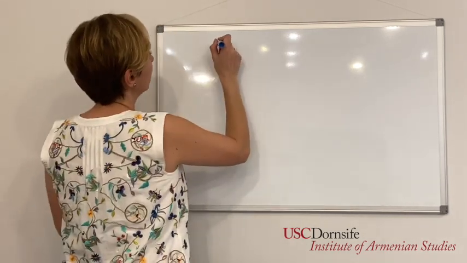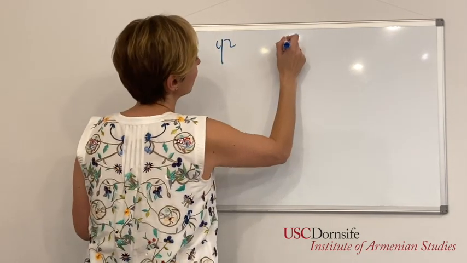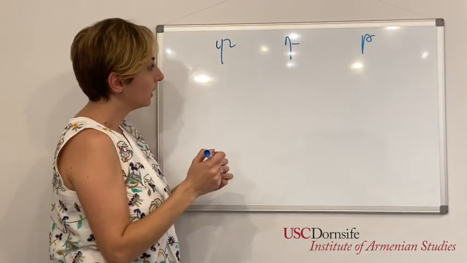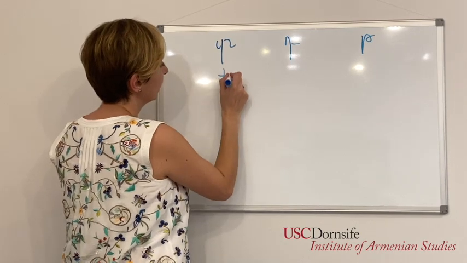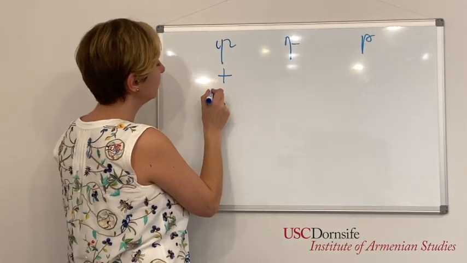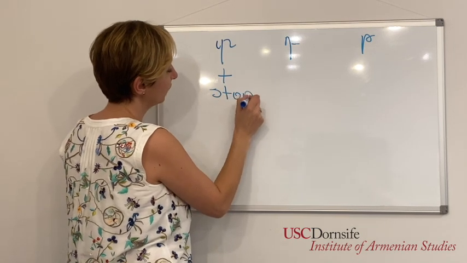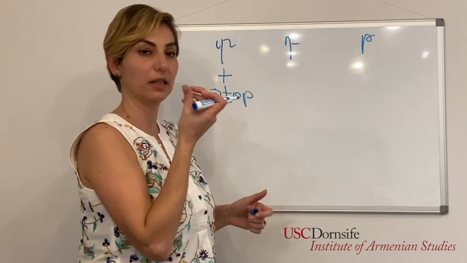So in the Armenian alphabet, we have three T sounds, d, d, t. To convey the sounds, the first is like an English T sound, but it's voiceless and not aspirated. So think of the word stop, yeah, or start. It's that T sound.